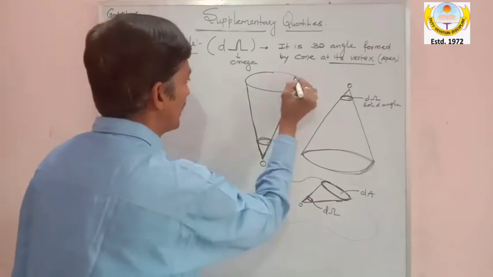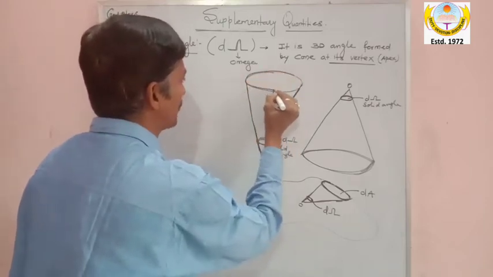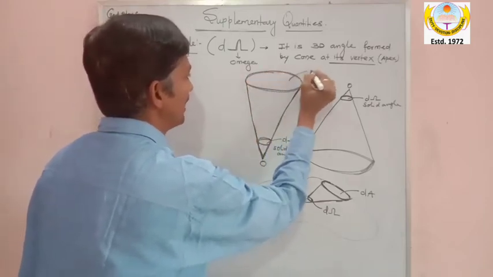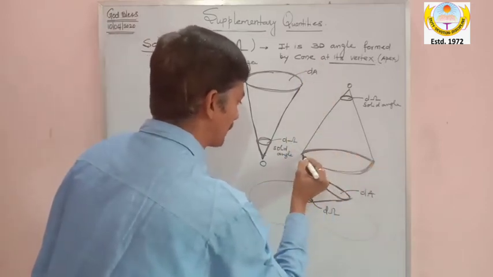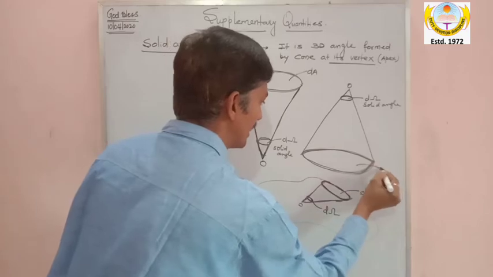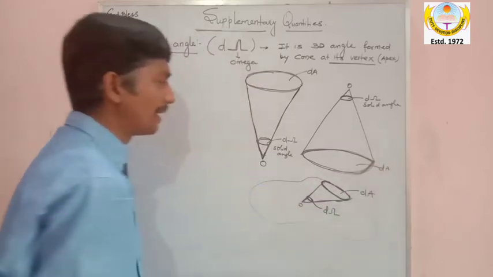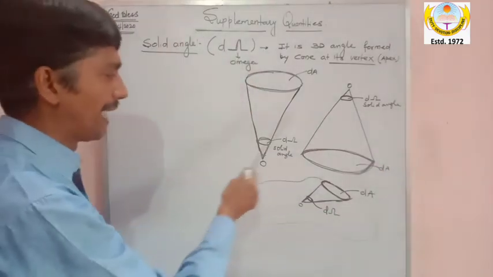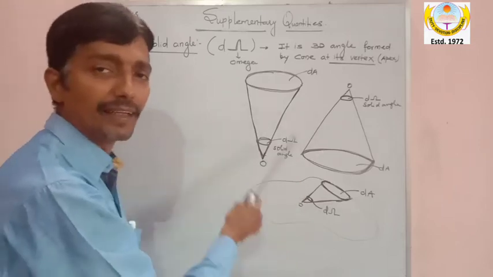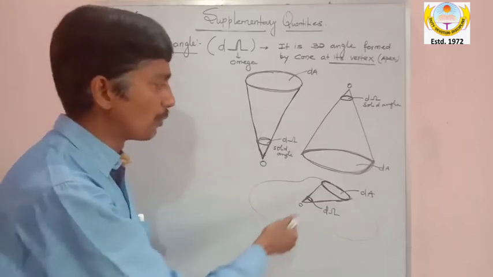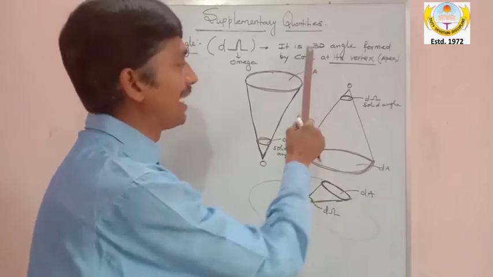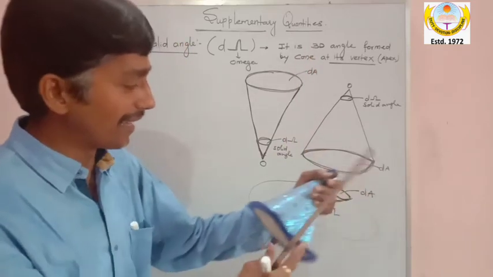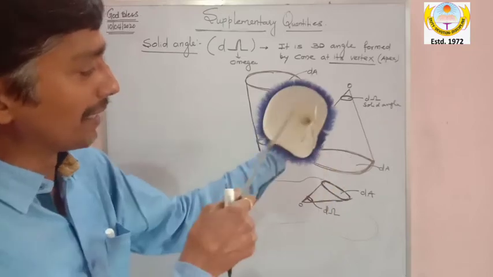Similarly, here also this is the area intercepted, you can say this is dA. Similarly, here also this is dA. So whenever you are studying the concept of solid angle, you can see in the three figures you have the structure of a cone, my dear. And therefore we say it is a 3D angle. You can see here there is an angle, here is an angle, my dear, here is the angle.